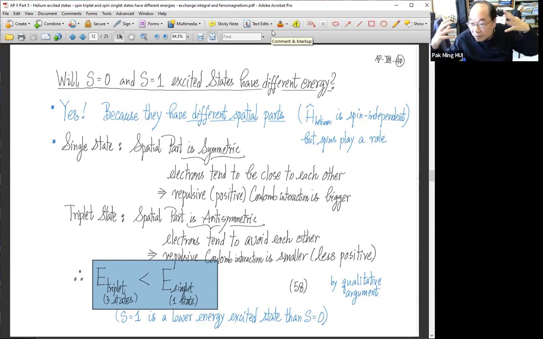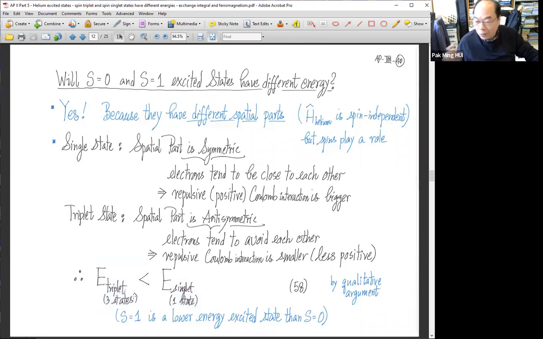But by physical argument, we already get a good answer. And it is an experimental fact as well. So conclusion, the triplet has a lower energy than the singlet excited state involving 1s, 2s.